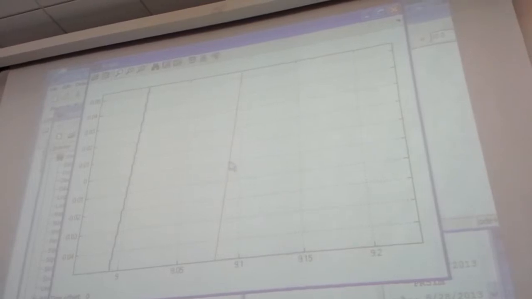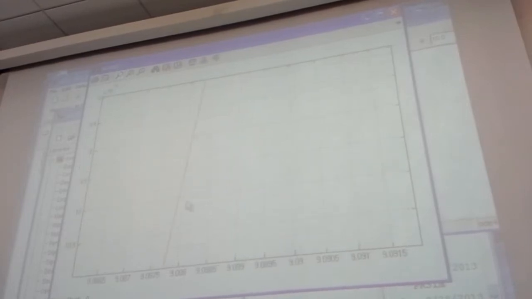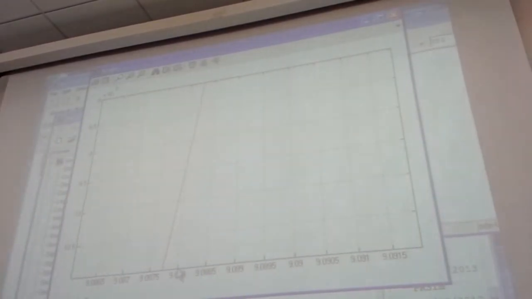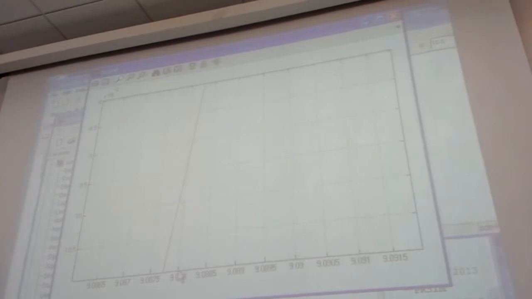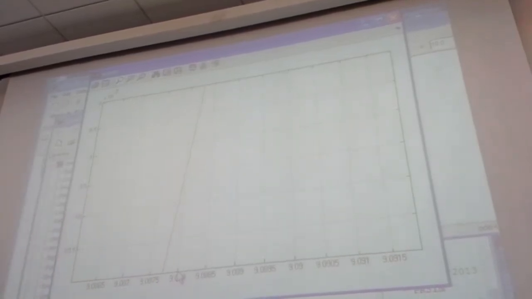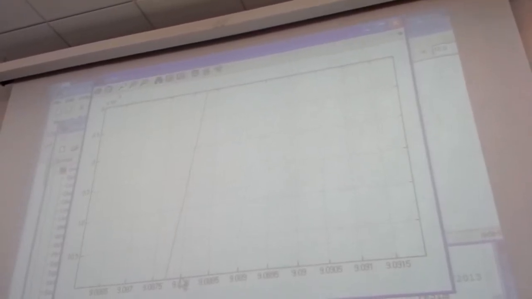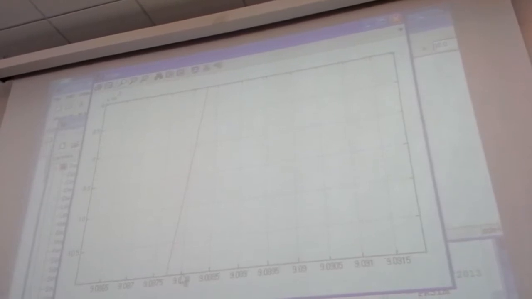It will be about 0.087, so the time delay is 0.087 seconds.